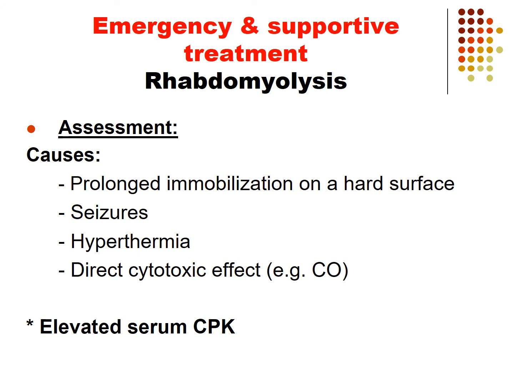Rhabdomyolysis is lysis or damage of the skeletal muscles. It may occur due to prolonged immobilization on hard surfaces, like a patient in deep coma for a long period. The occurrence of seizures and hyperthermia, or in case of carbon monoxide poisoning, these may cause damage of the skeletal muscle.